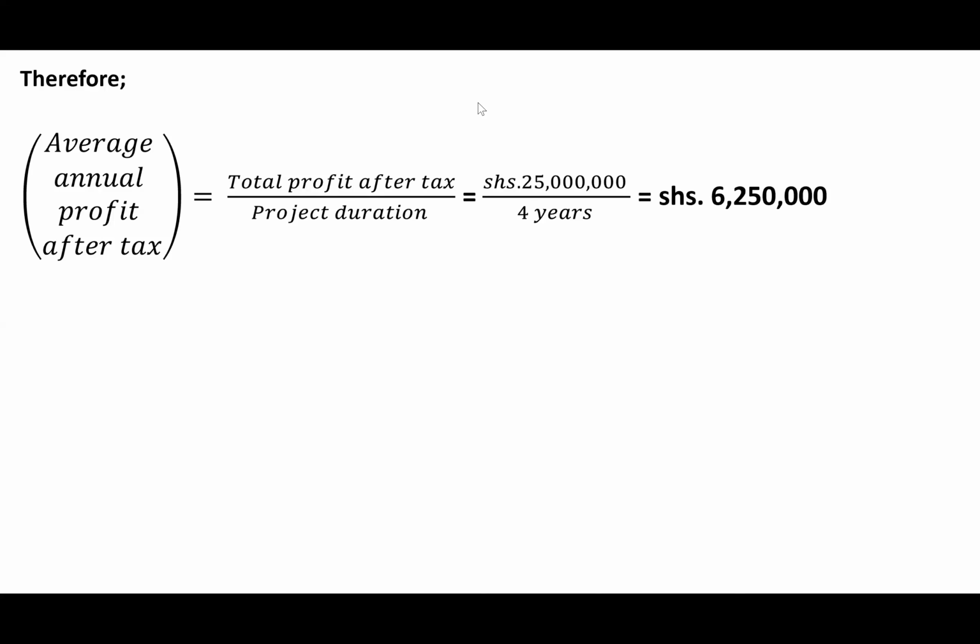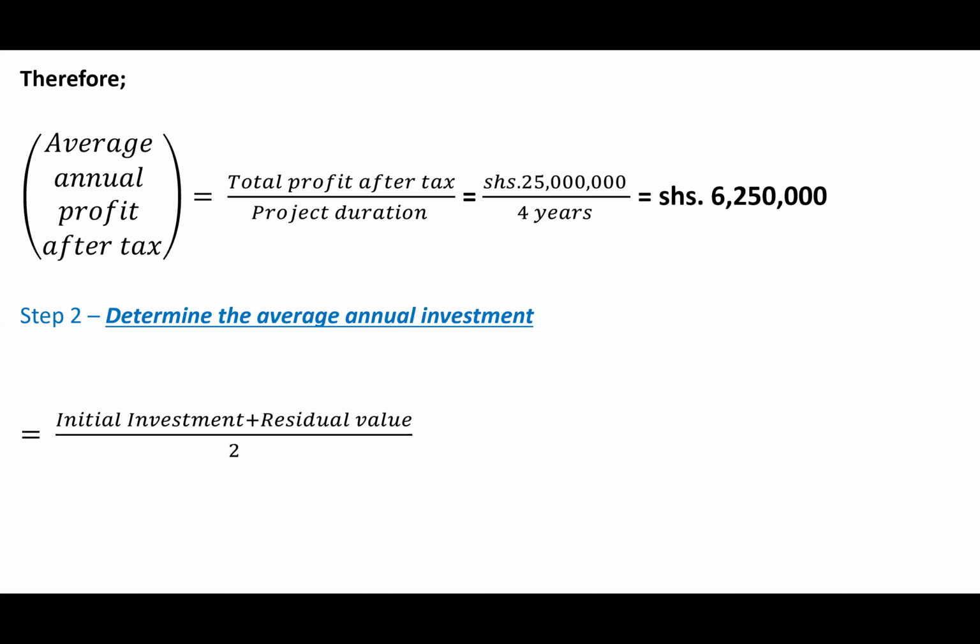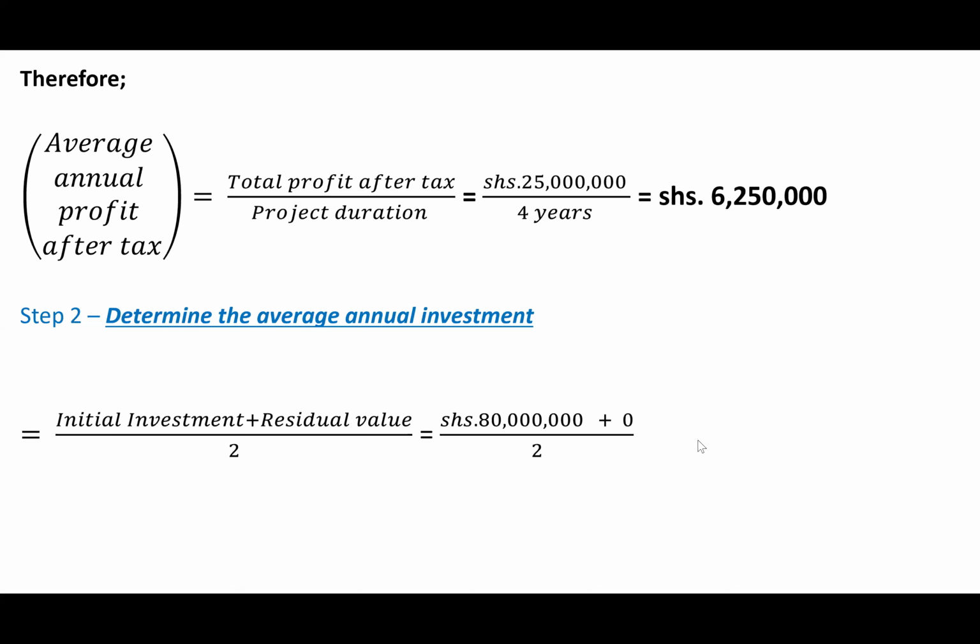Now we look for the denominator. In our step number 2, we are determining the average annual investment using our formula here: the initial investment of 80 million plus the residual value of 0, divided by 2. That comes to 40 million. So at the end of the day, the numerator and the denominator should give us the accounting rate of return.